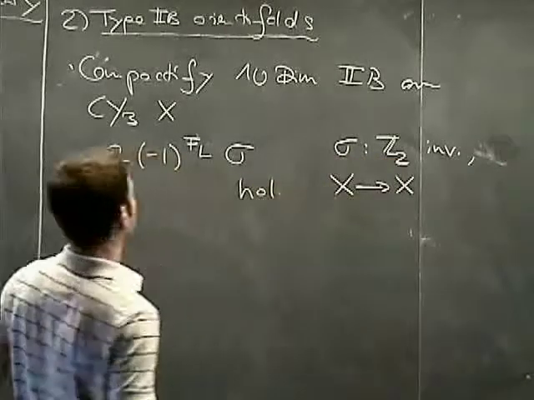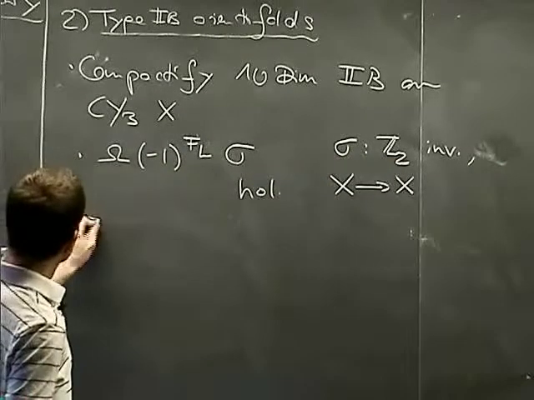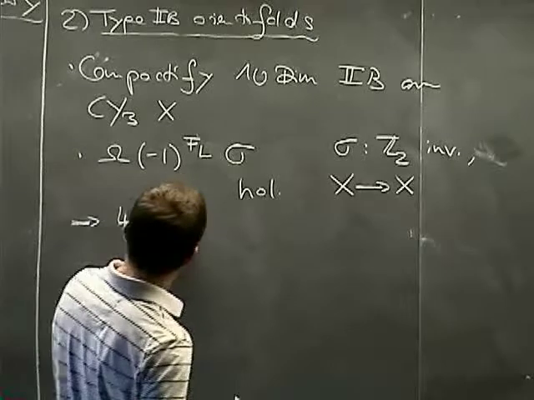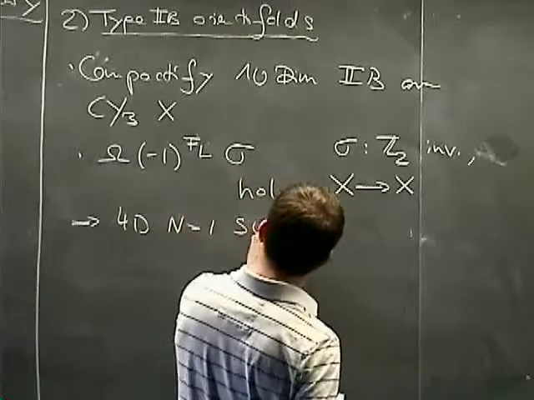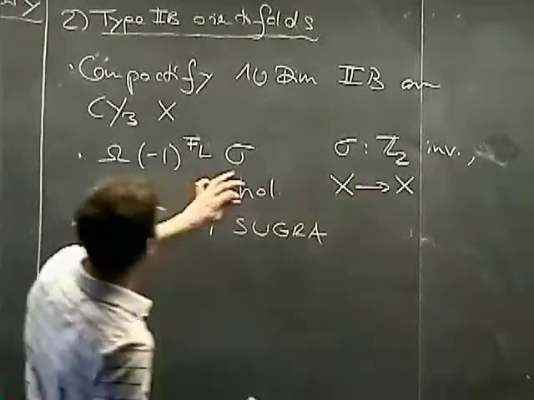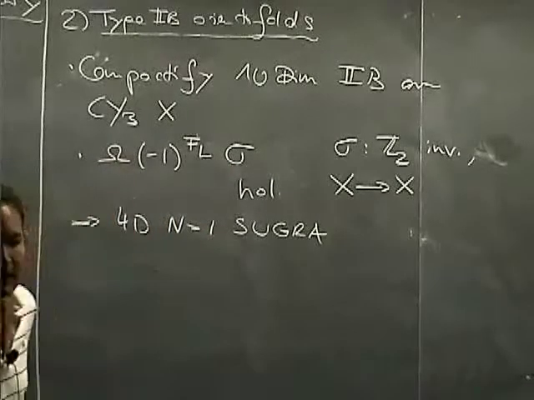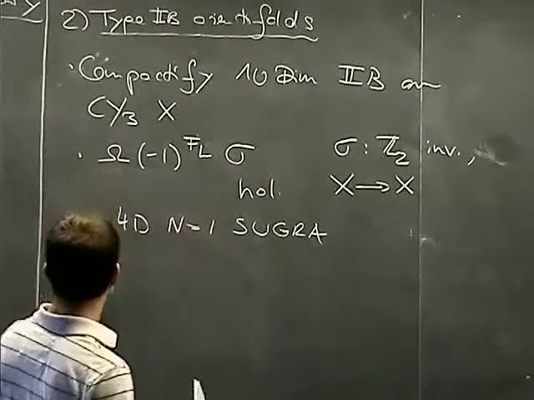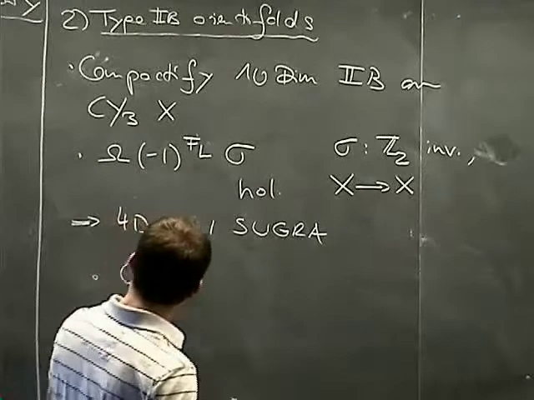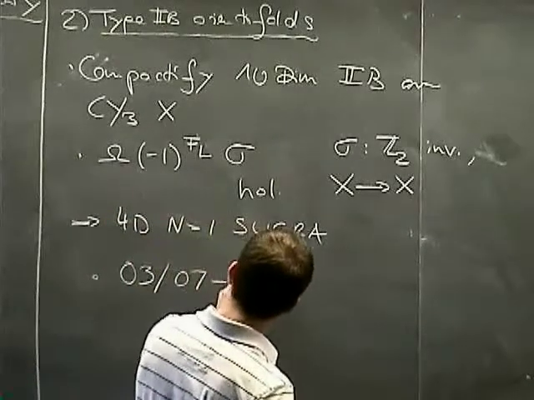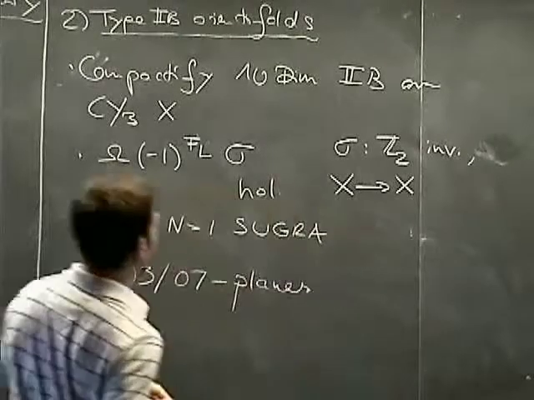Acting holomorphically. The resulting theory in 4 dimensions, of course, is N=1 supergravity. But due to the appearance of the orientifold involution, we get a fixed point set, the so-called orientifold planes. So we have O3 and/or O7 planes.